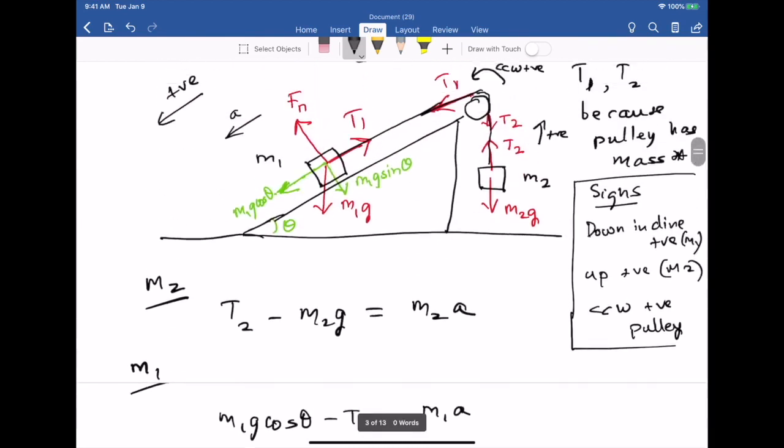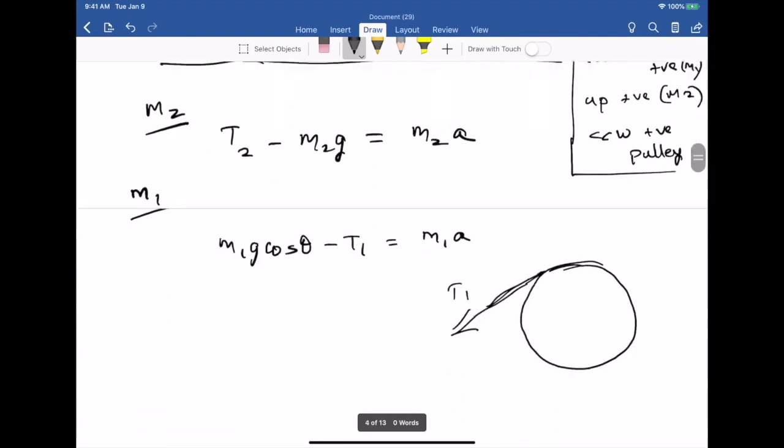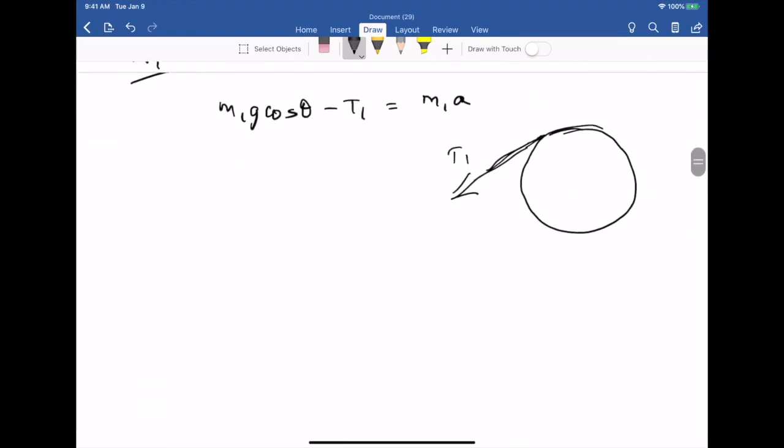So here's the pulley. Let me draw the pulley part separately over here, so it's easy to look at. There is one tension force acting on the pulley like this. That's T1. And there is another tension force acting on the pulley like that.